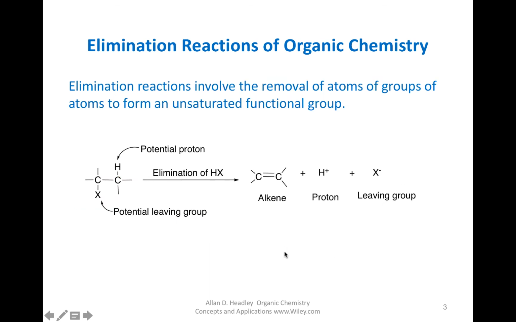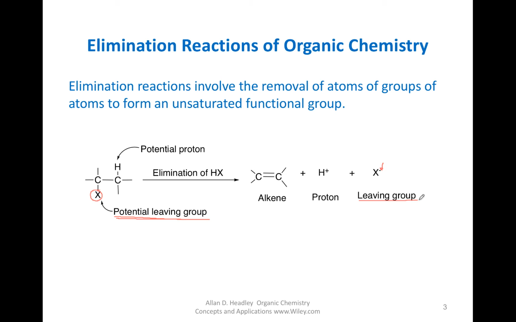Let us look at the mechanism in a little more detail here. So the elimination occurs whenever we have a good leaving group, a potential leaving group, and that's key. So X here is coming off with its electrons, X minus, to form a leaving group. You may recall from last semester, a good leaving group is a very stable base.